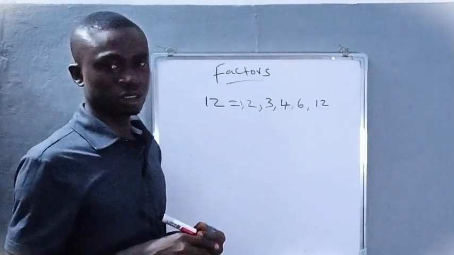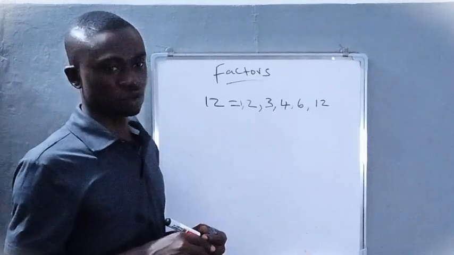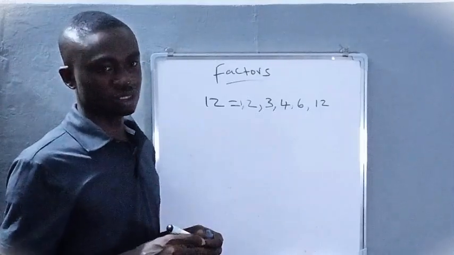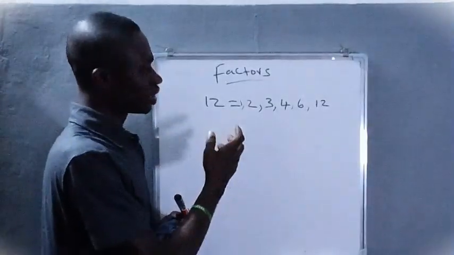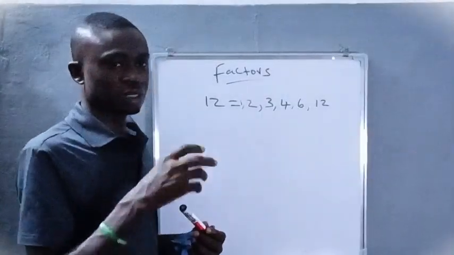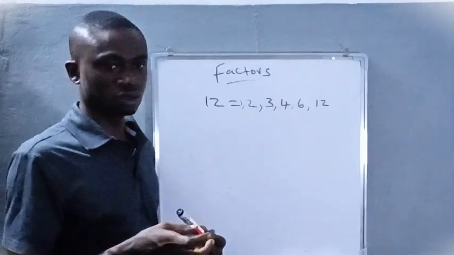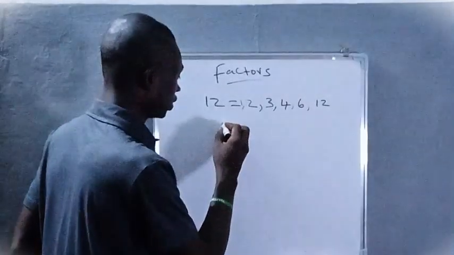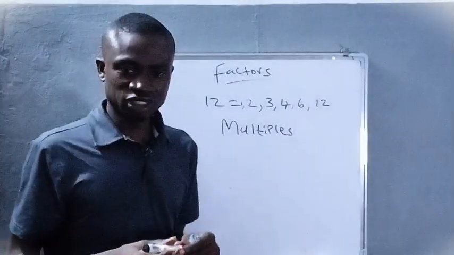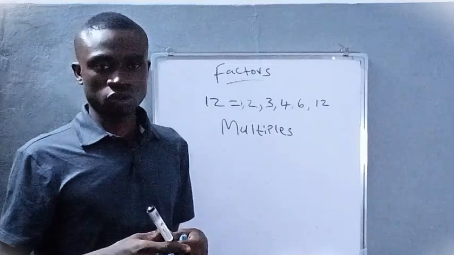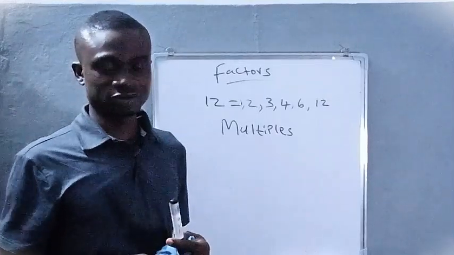Let me quickly give you the meaning of multiples before we look into more examples. Now, we say that factors are numbers that can divide evenly into another number without remainder. Then what of multiples? Before I explain multiples, we have these two concepts, LCM and HCF.